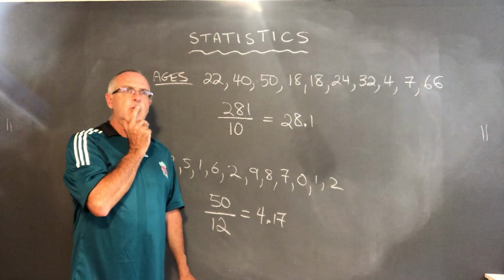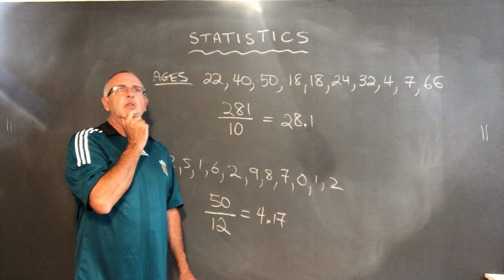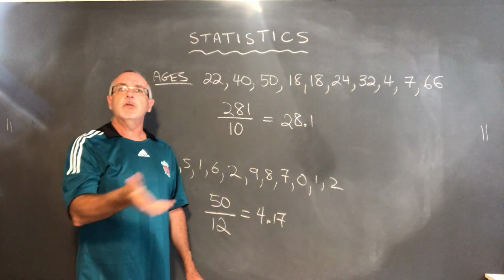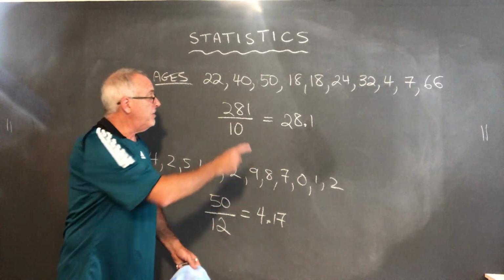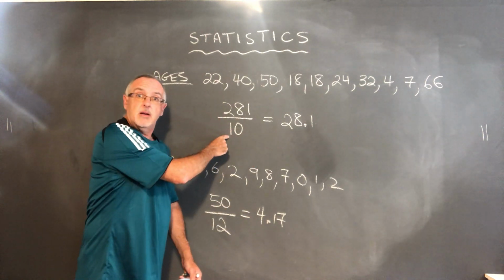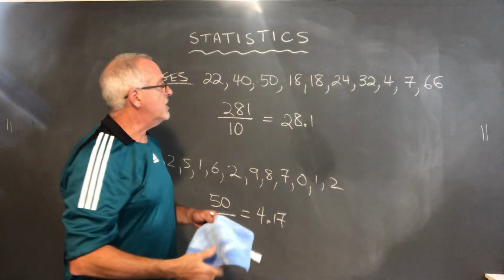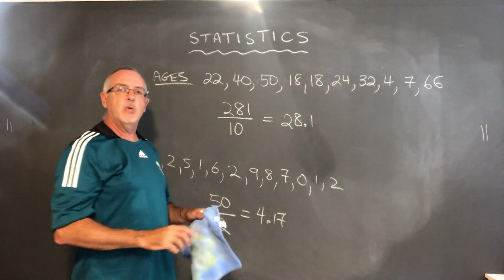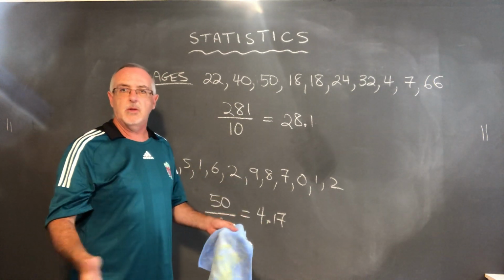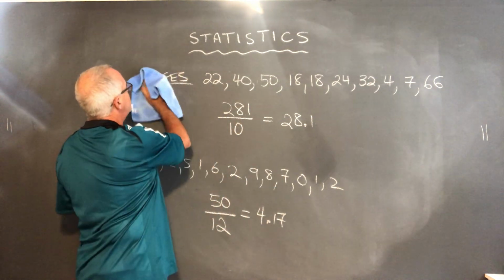So for instance, if you were trying to find the average grade of all of the students who had to take a first-year course in a university, you might actually have hundreds of students. You might be dividing by a number that's in the hundreds, but the tricks still work. So it's good to work with small amounts of data to start with, to make sure that you understand what you're doing, and then you're not afraid to deal with larger amounts of data. I'm going to erase both of these examples.